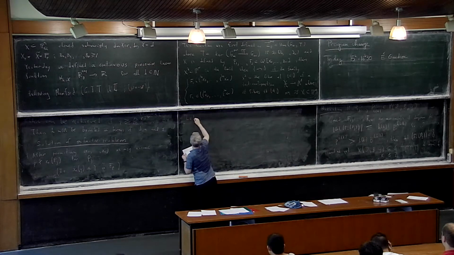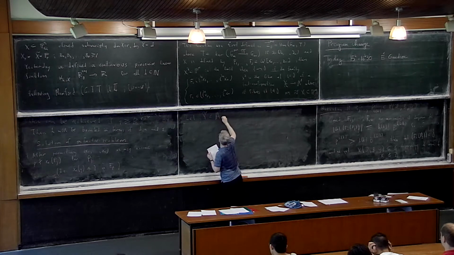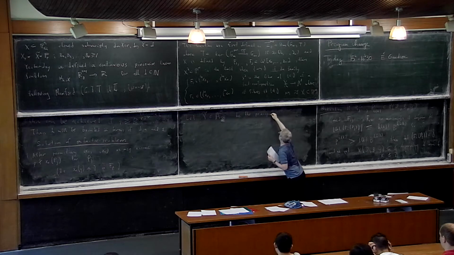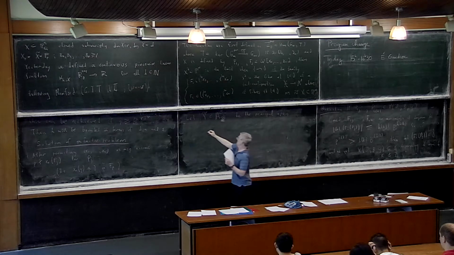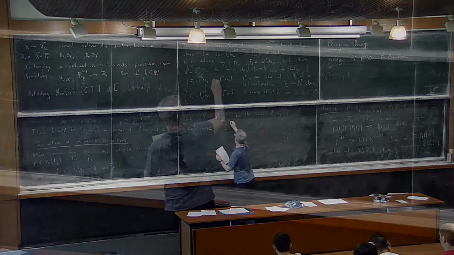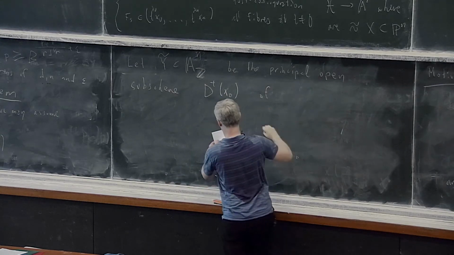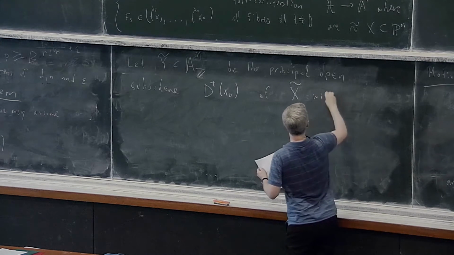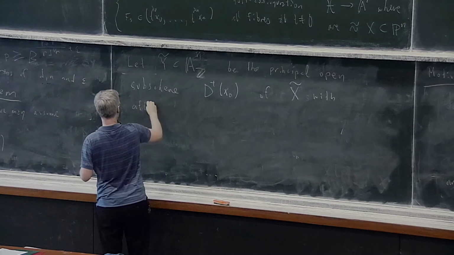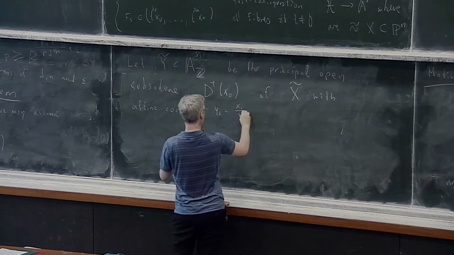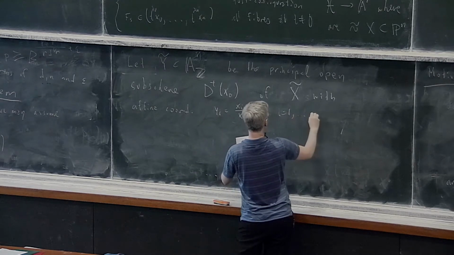So let then Y tilde in A^n over Z be the principal open subscheme, D_+(x0) of X, with affine coordinates y_i, given by x_i divided by x0, where i goes from 1 to n.